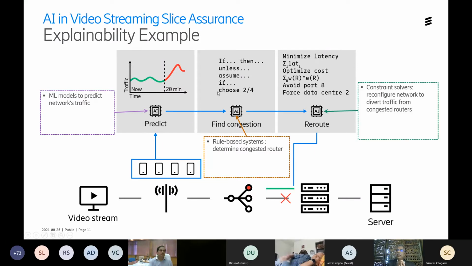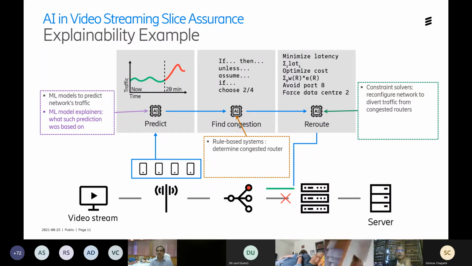Third one is a set of constraint solvers which can help you reconfigure the network to divert traffic. So if you get this now, would you let the system work on its own? Maybe not.